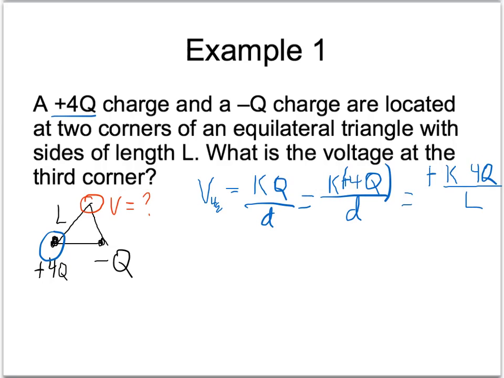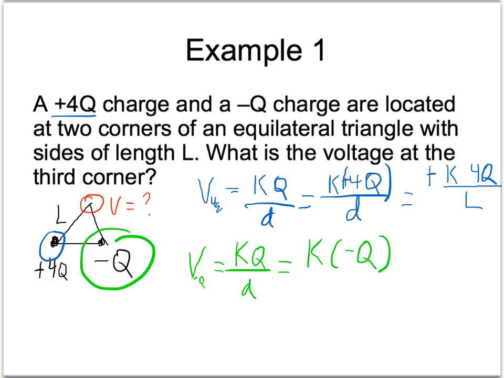All right, now the voltage from, let's call this other one the green charge. So V from the negative Q, KQ over D, which will be K negative Q over L. And now we want the total voltage. We'll just add them together.